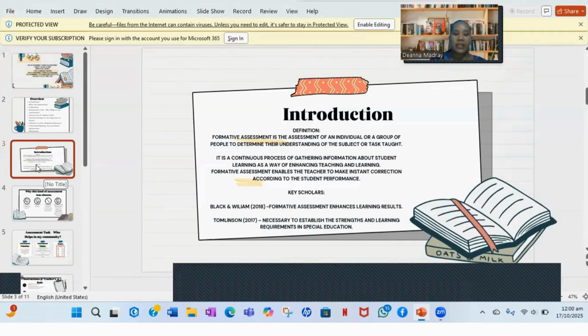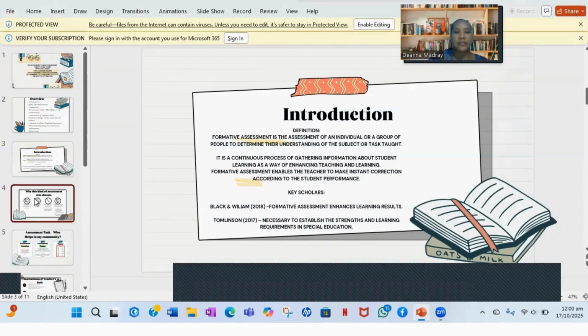Its main goal is to adjust ongoing teaching and learning activities to improve students' achievement of educational goals. It's often described as assessment for learning, in contrast to summative assessment, which is assessment of learning.